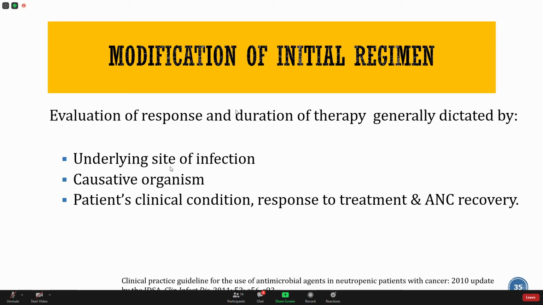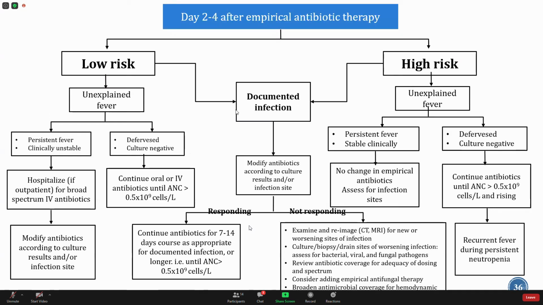If there is an underlying infection, for example typhlitis or pneumonia, we treat that infection. We look at the patient's clinical condition and response to treatment. If the patient is afebrile with no documented infection, we de-escalate the antibiotics, and if the neutrophil count has recovered to more than 500, we can stop the antibiotic. So that's the summary I was talking about.